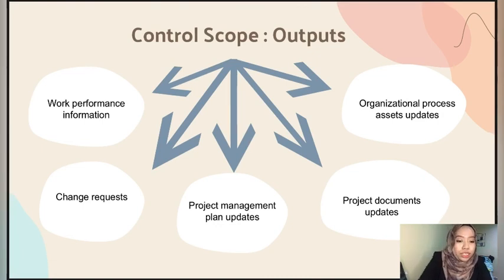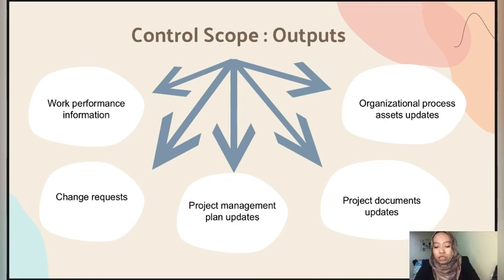For the fourth one is project document updates. It has also 2, requirement documentation and requirement traceability matrix. And for the last one, which is organizational process asset updates, it includes causes of variance, corrective action chosen, and the reason. And the last one is other types of lessons learned from the project scope control.